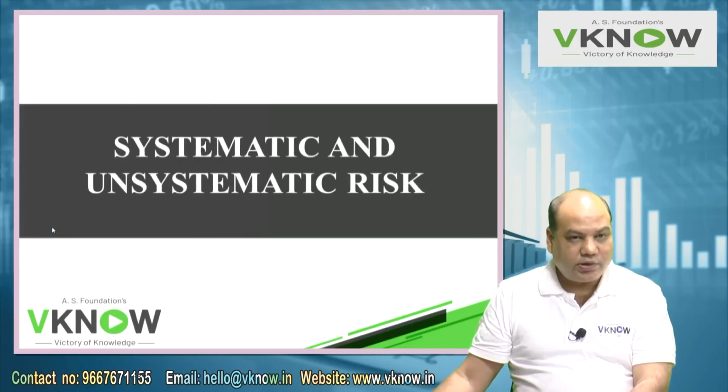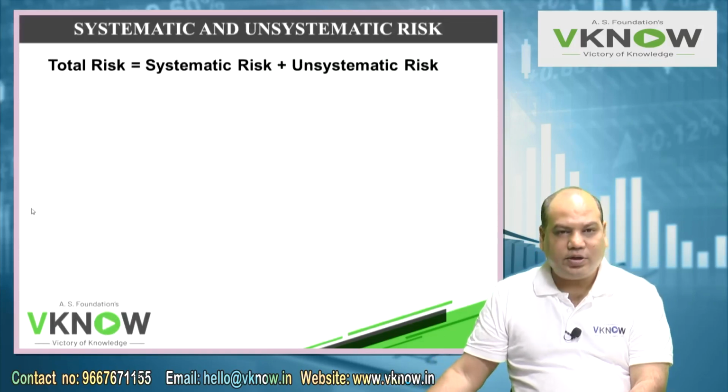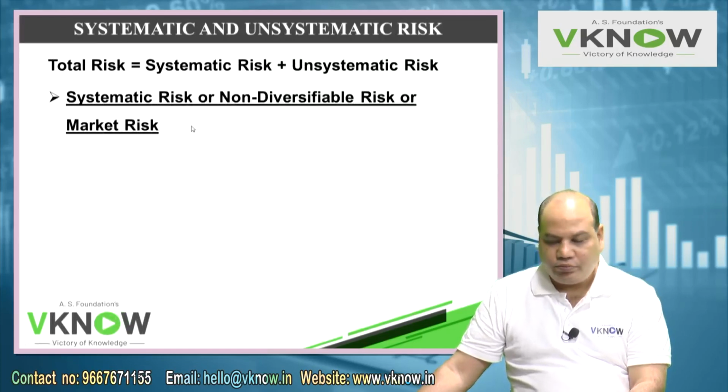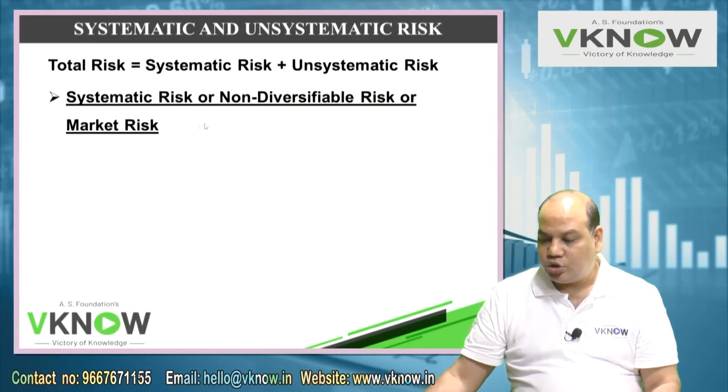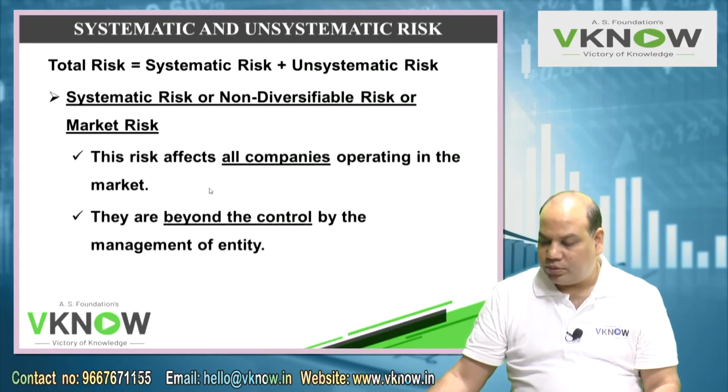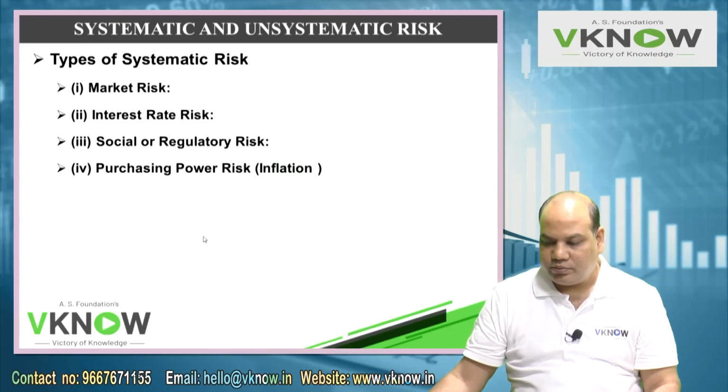Next, para 37, systematic and unsystematic risk. Total risk will be divided into two, systematic and unsystematic. Systematic risk is non-diversifiable risk. This risk affects all companies in the economy and these are beyond the control of the management.